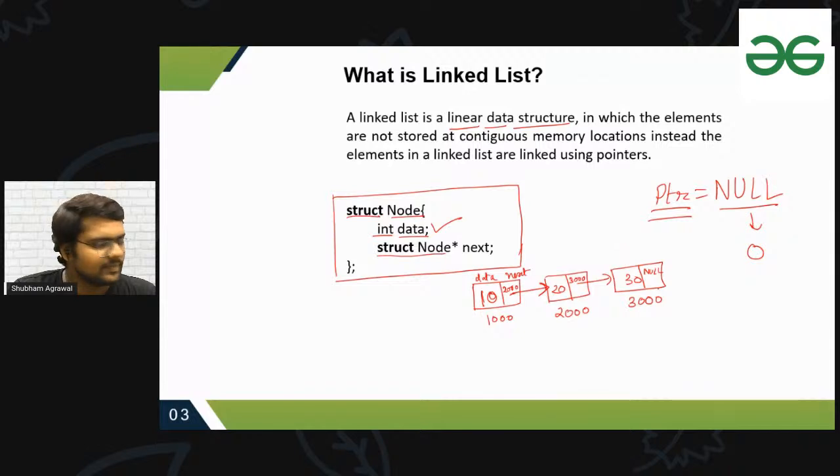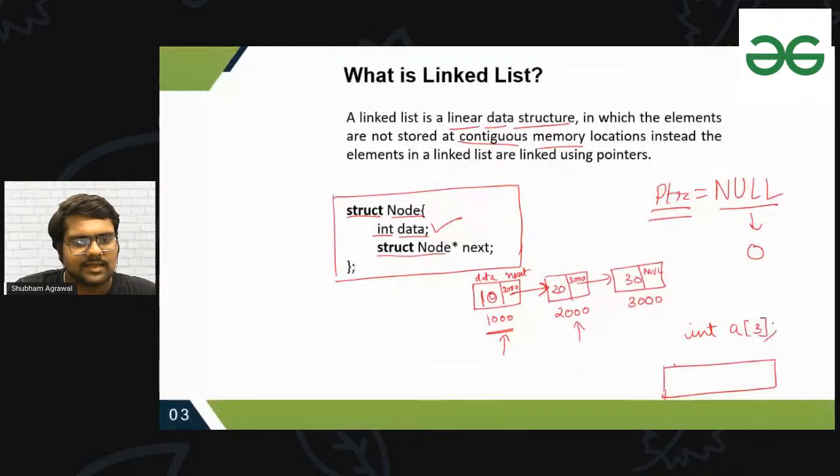In a linked list, the locations of the nodes are not contiguous, because this is located at 1000 and this is located at 2000. In an array, if we have an integer array of size 3 and the first address is 100, then the next address would be 104 and the next would be 108.